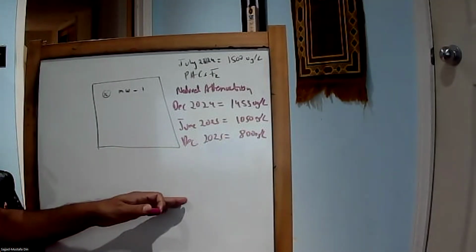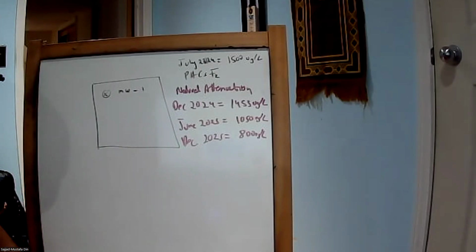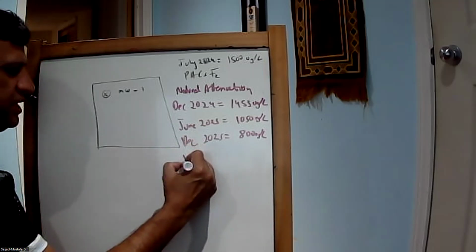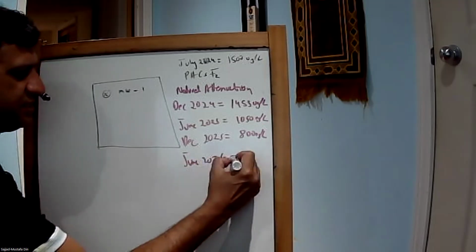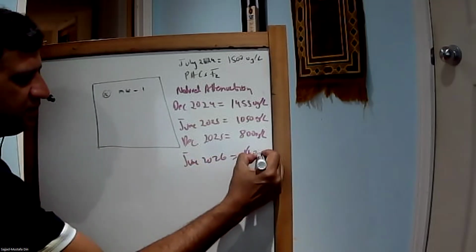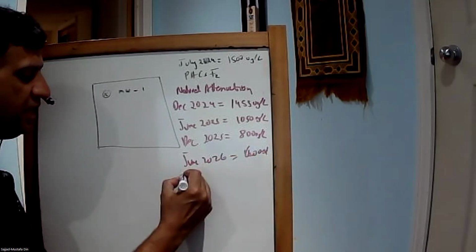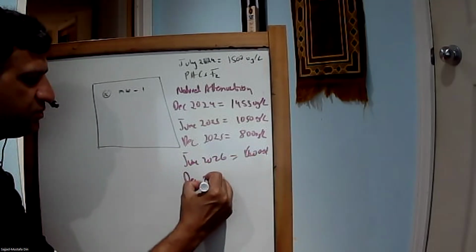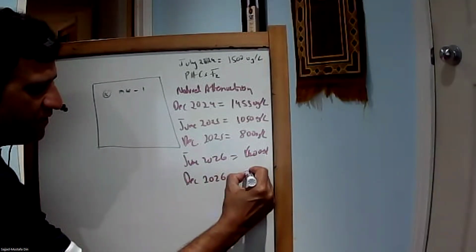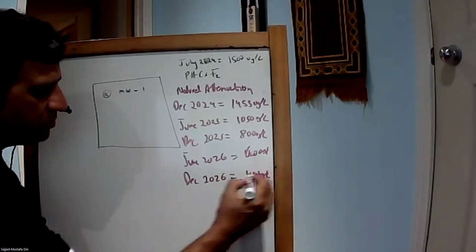Like if you write this in a table, how does it look? And that's what people sometimes do. They write it in a table. And let's say you went back June 2026 and it's at 600 micrograms per liter. And in December 2026, it's at 400 micrograms per liter.